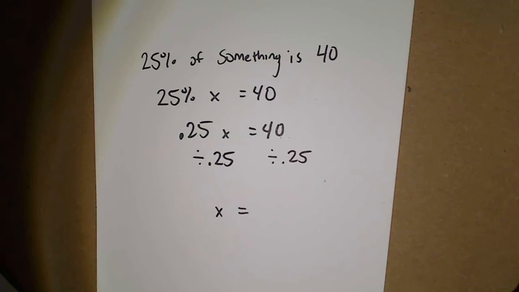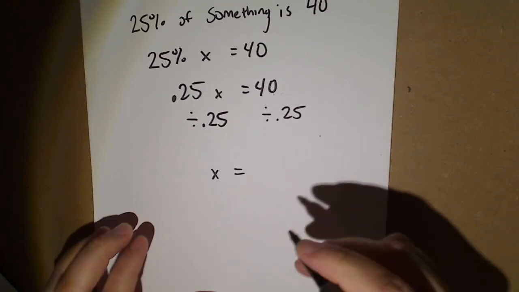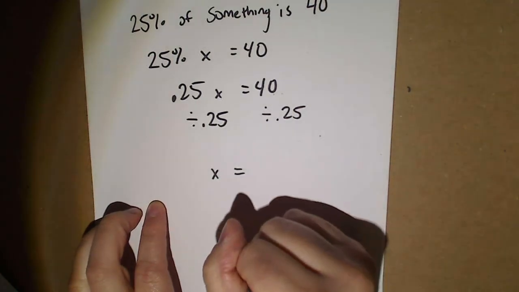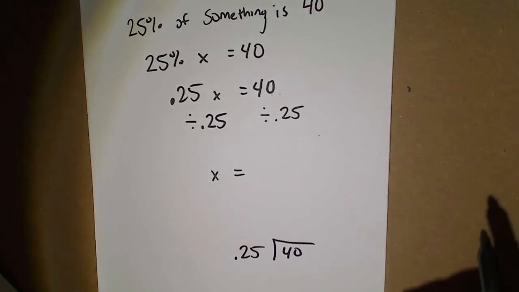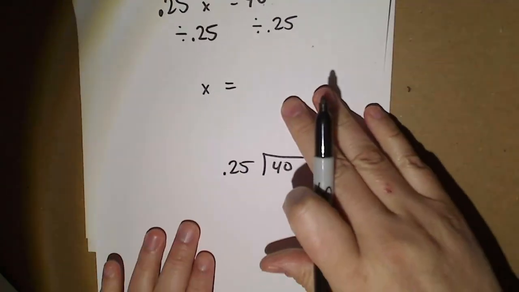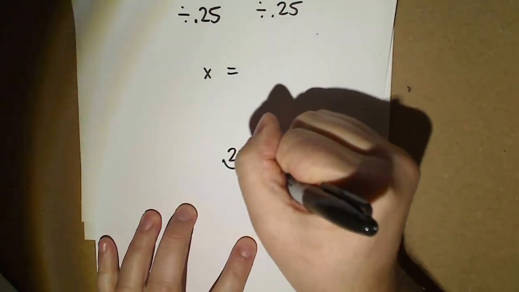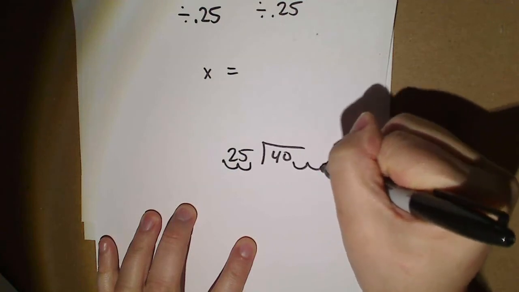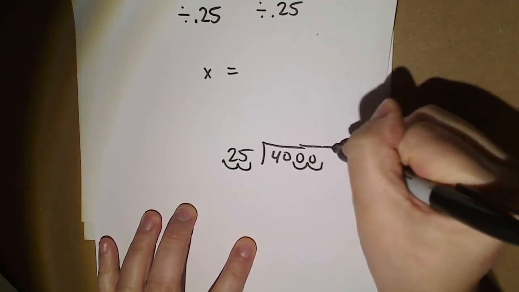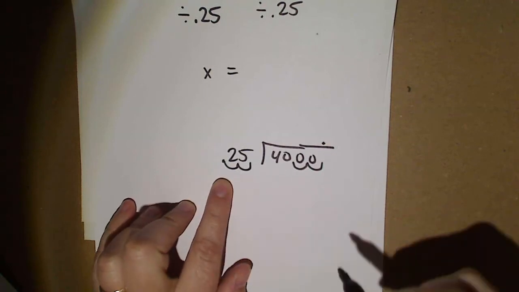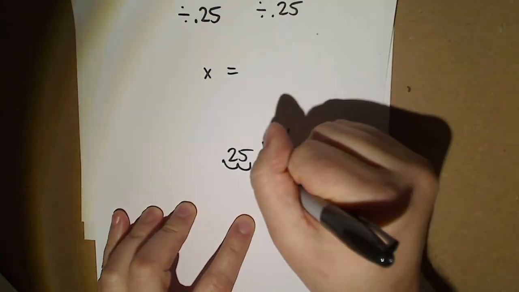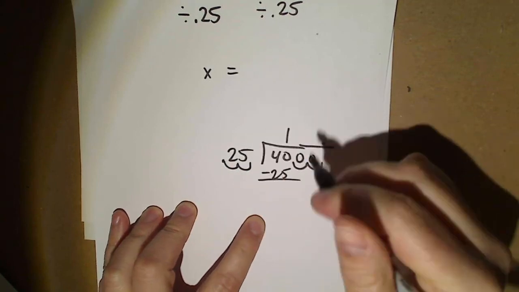Boy, I don't know that one off the top of my head, but guess what I can do? Math. You knew it. So I'm going to take 40 divided by 0.25. Now remember, whenever I'm dividing with a decimal in my divisor, I need to move that decimal over. That means I need to move this decimal over. I'll add some zeros, and there's my decimal. So 25 goes into 40. That would be 1 time. That's 25. I'll subtract.